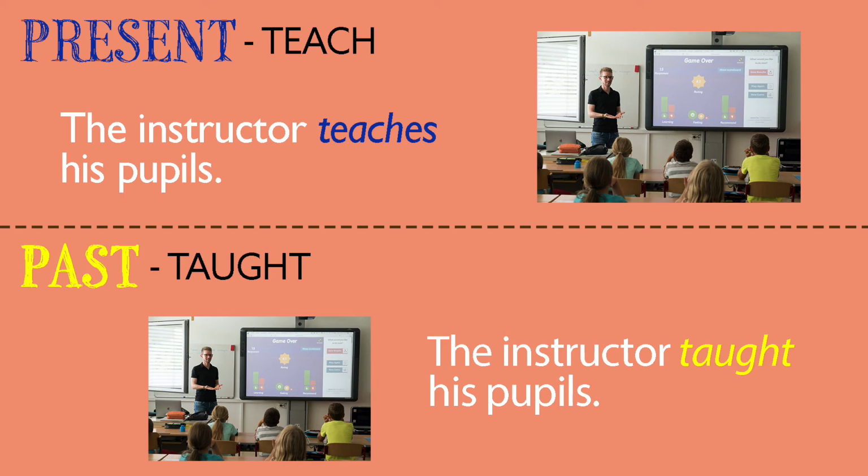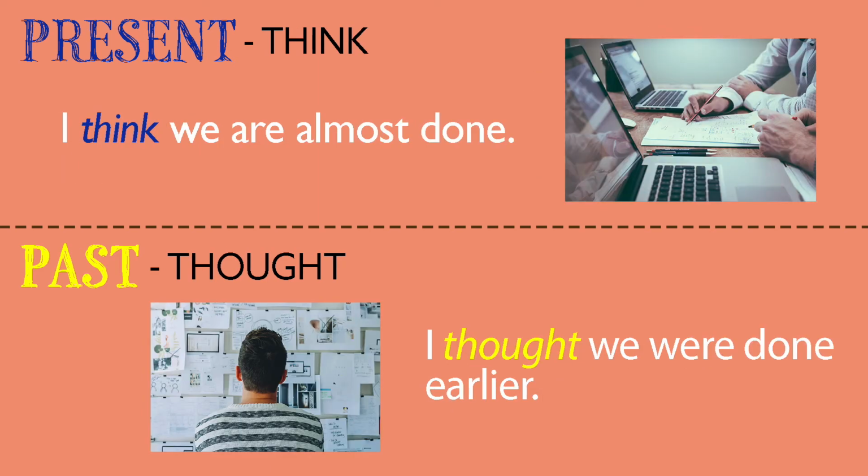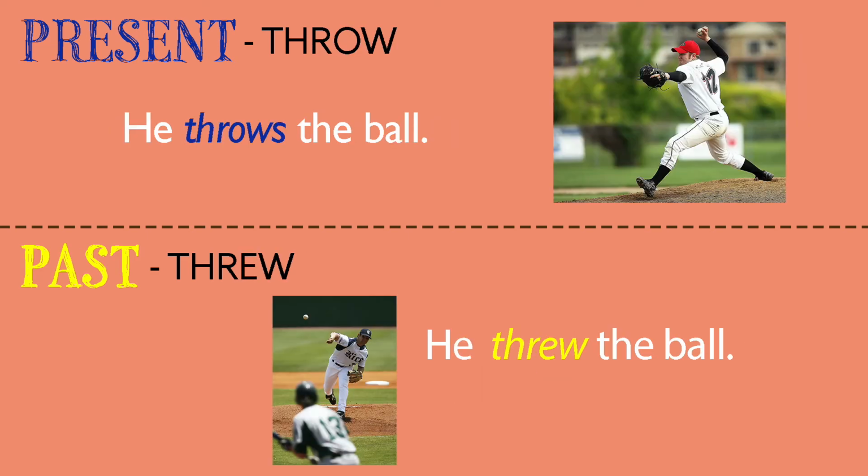Taught. The instructor taught his pupils. Think. I think we are almost done. Thought. I thought we were done earlier. Throw. He throws the ball. Threw. He threw the ball.